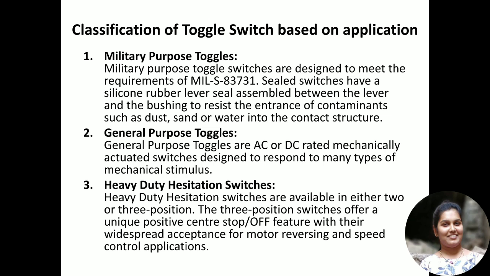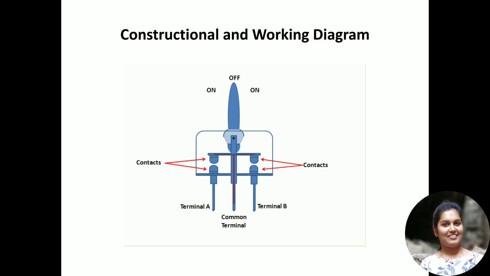Okay, next we'll move on with the construction and working of a toggle switch. So, let us see the constructional details. Here you can see a toggle switch internal construction.